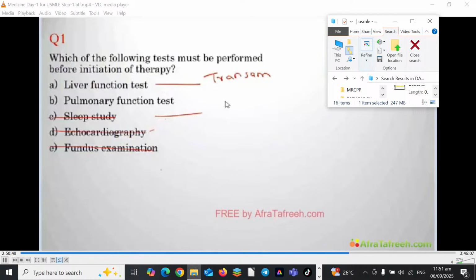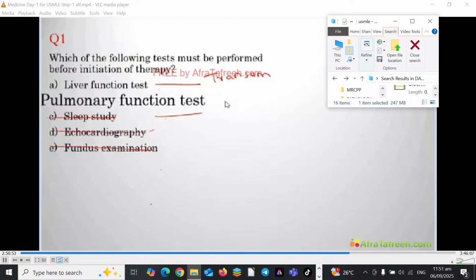Also, transaminitis because of amiodarone is not a contraindication to starting amiodarone therapy. So the most important step before starting therapy is pulmonary function test.